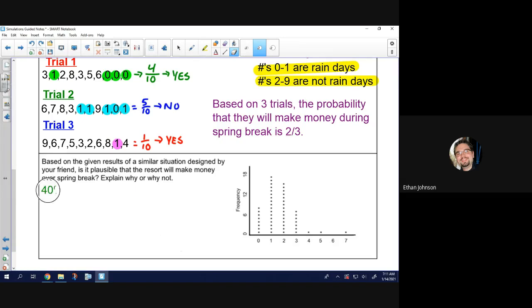So, for this, we know 40% of the days can be rain days. We know that 4 out of 10 of the days have to be rain days. That as a percentage is 40%, or 0.4 if you want to talk about the decimal.